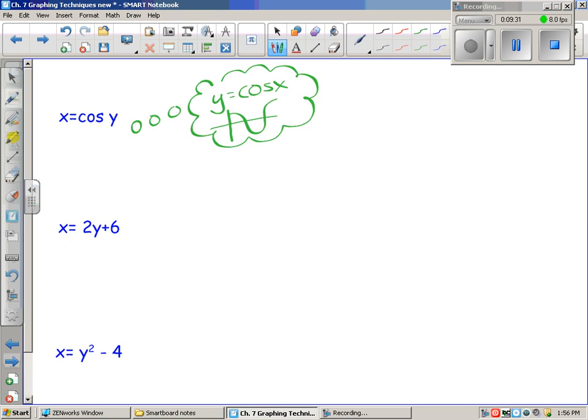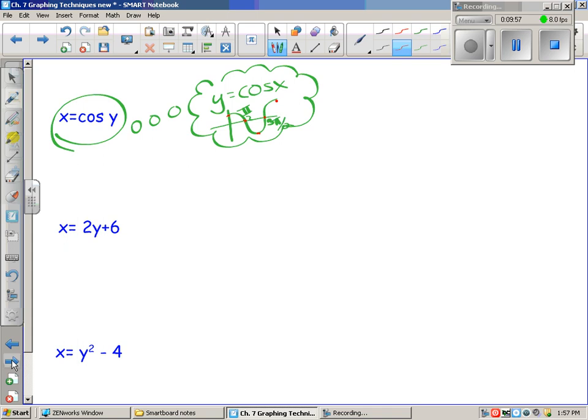Is there a way that I can use that knowledge to come up with this graph, x equals cosine y? And of course, it would be handled much the same as I was talking about with 5e, where you pick points that you recognize, starting right at the beginning, 0, 1, and do that. How do you know how to draw this? Somebody said they knew how to draw it.